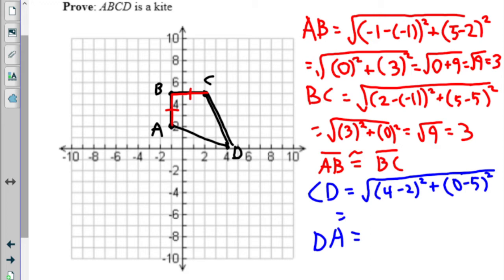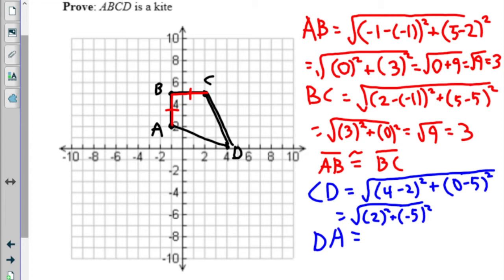So important thing here to point out about the distance formula. Remember that when you take your distances and get to this part where you're squaring it, if you are squaring a number, you should always get a positive number.